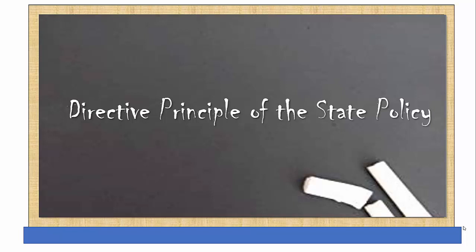If I talk about another significance or merit, and the most important one, this DPSP enables the opposition to exercise their influence or control over the operations of the government, because the opposition can blame the ruling party on the ground that its activities are opposed to the directives.